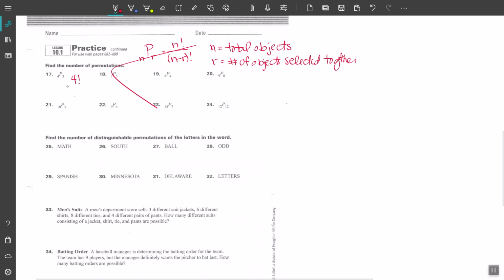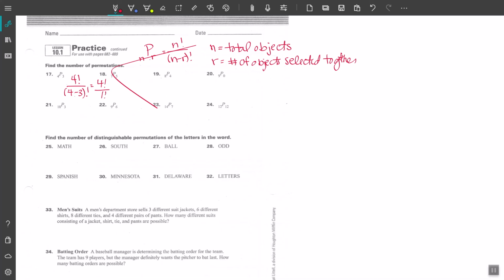And then in the denominator, we have 4 take away 3. That's just what the formula says, 4 take away 3 factorial. So we're going to have to do the subtraction before we do anything else. So we end up with 4 factorial over 1 factorial.